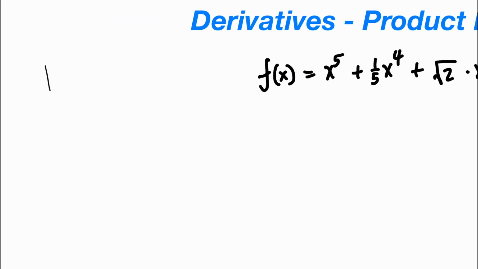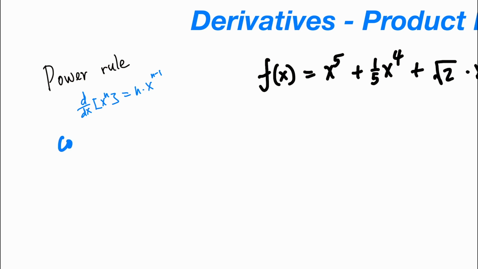They are the power rule, which is the derivative of x to the n is equal to n times x to the n minus 1. And this is proven using the binomial theorem.